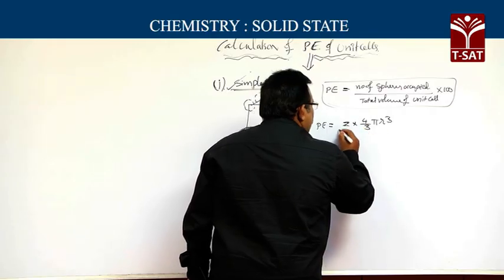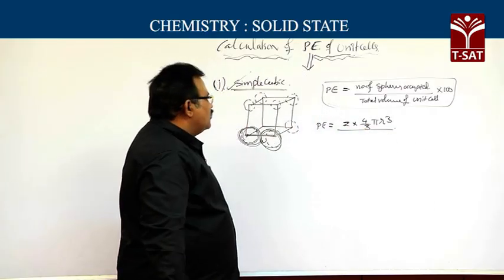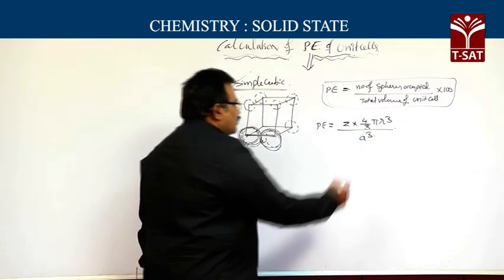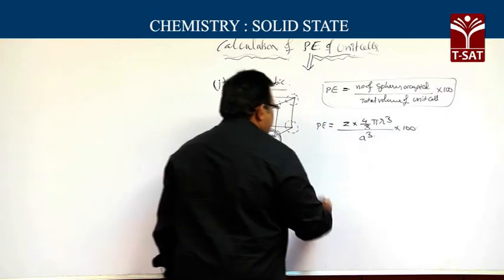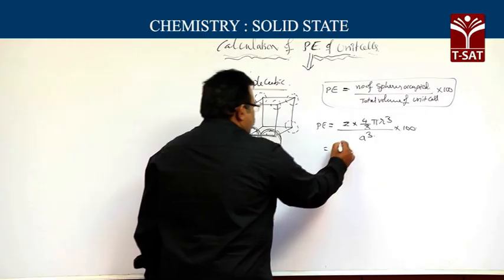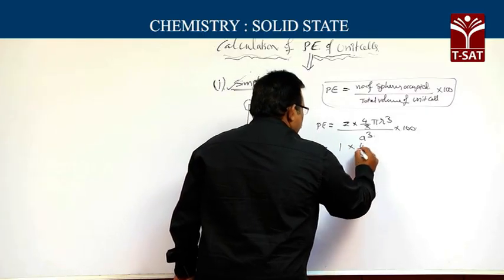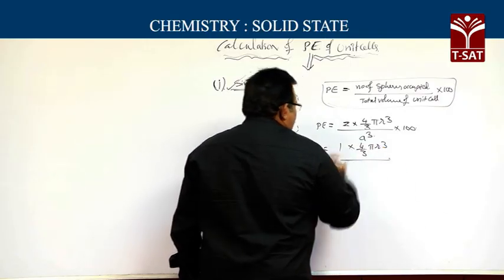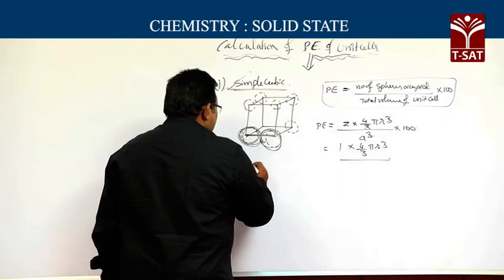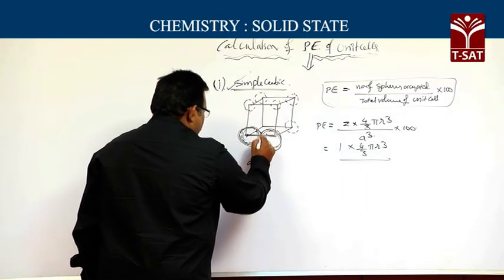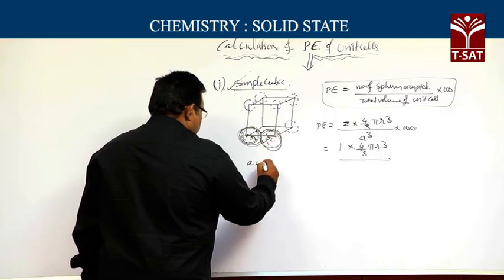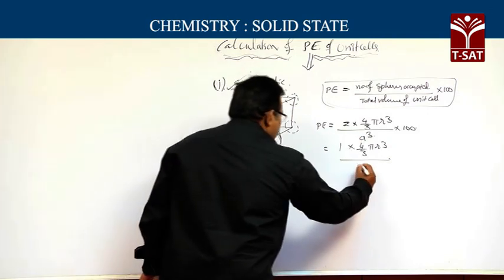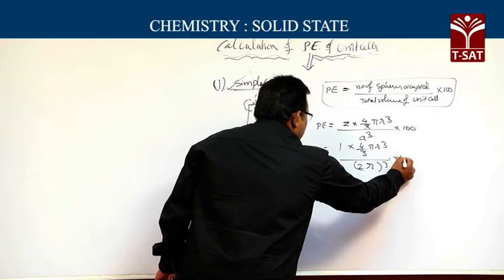Z into 4/3 pi r cube by total volume of the unit cell, which is edge length cube, multiplied with 100. So, for simple cubic Z is 1, 4/3 pi r cube. We know edge length consists of two radius. So, edge length is equal to 2r. So, instead of a cube, write 2r whole cube into 100.